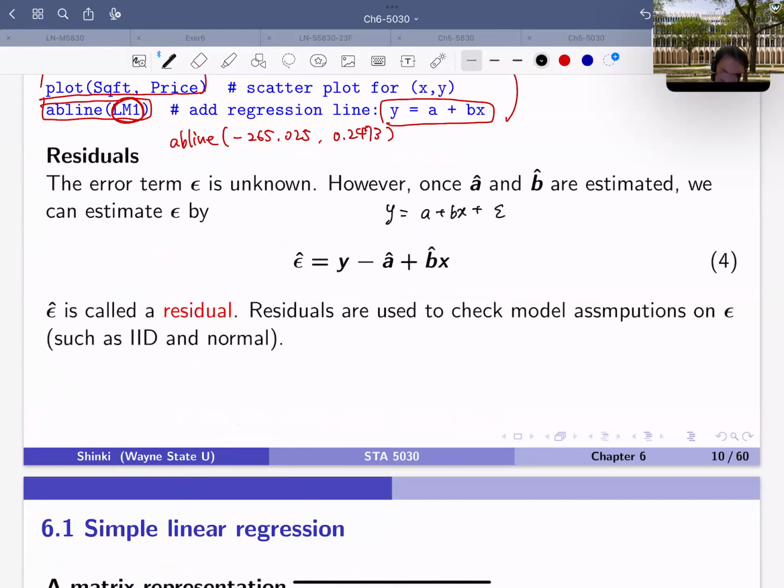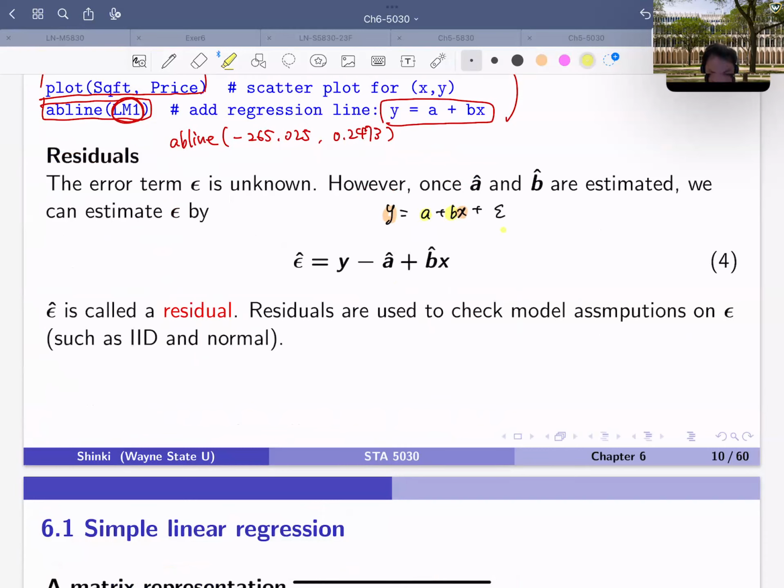Okay, so remember that y is equal to a plus bx plus epsilon, and y and x are observed, but the other quantities are not observed. But once we estimate a and b, the epsilon is calculated by y minus a minus bx, to be exact.